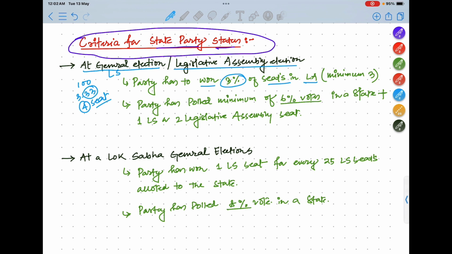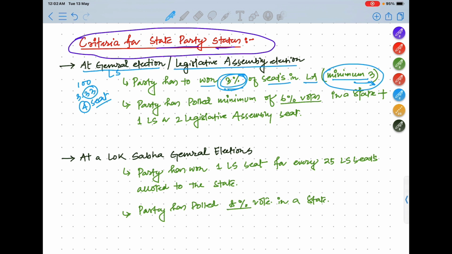So out of 100 seats, if a party gets 4 seats in a legislative assembly, then this party can be called a state party. Also remember that the minimum has to be 3. Suppose in any state the total number of seats is very low, in that case the party has to get a minimum of 3 seats. So it is minimum 3% as well as minimum 3 seats.